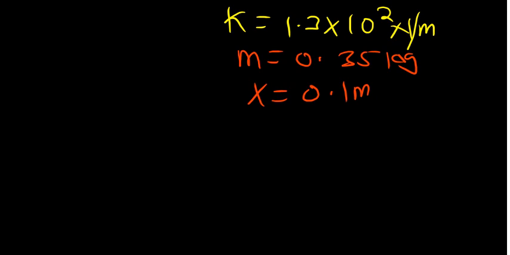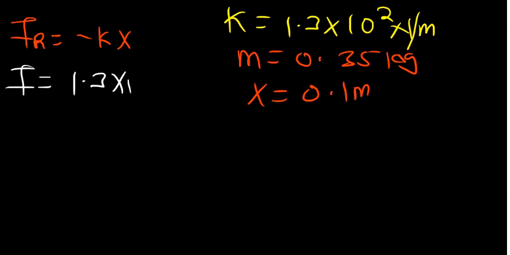Okay, so how do we find the resultant force? The resultant force is given by negative kx, and we know that k, we have been told, is 1.3 times 10 to the power 2. The x, we have been told, is 0.1. So meaning the force, if you have a calculator, you can help me find the answer.